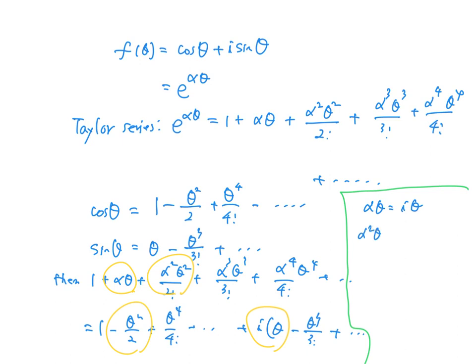Alpha squared theta squared over 2 factorial is minus theta squared over 2 factorial, etc., etc. So what do we have? Alpha is I.